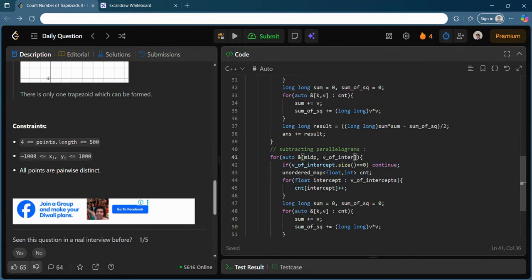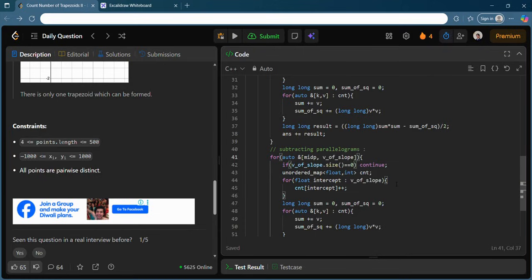So I can just press alt and change it together. It's nothing but vector of slope.